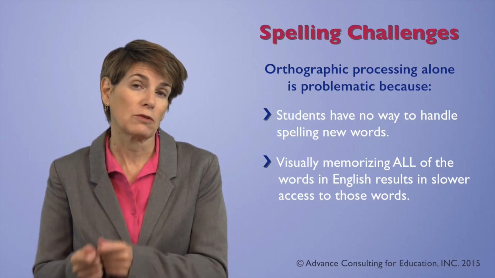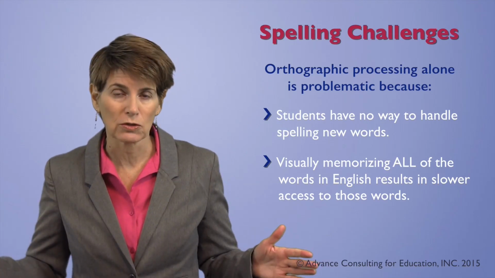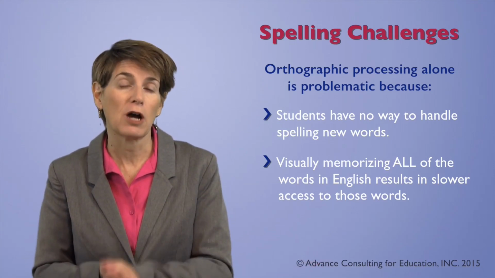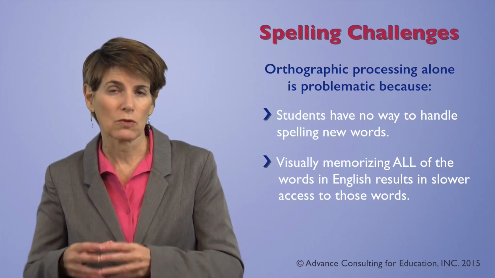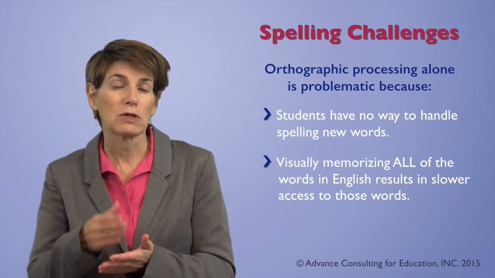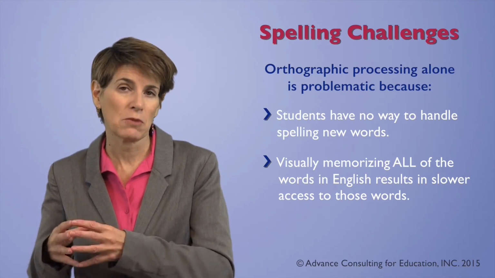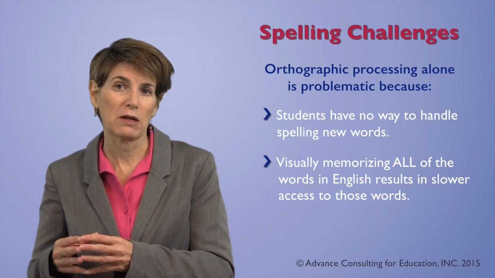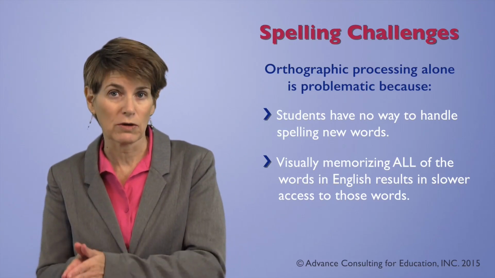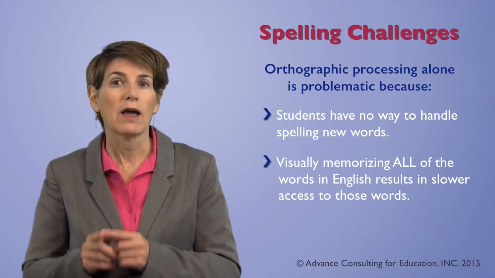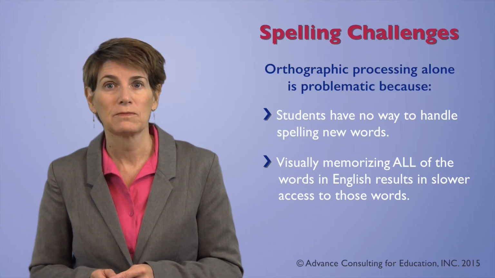But if you rely on orthographic processing for all of your words, your accessing is going to be a lot slower. So even though some people do rely solely on orthographic processing, the research does show that that is not the most efficient or effective way to spell. So the combination of phonological processing and orthographic processing is the way to go. And that's what we want to do with our students.